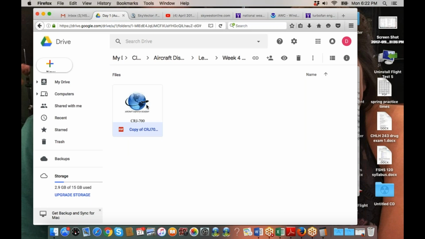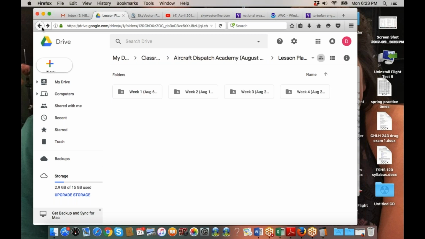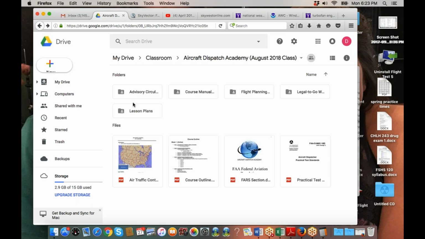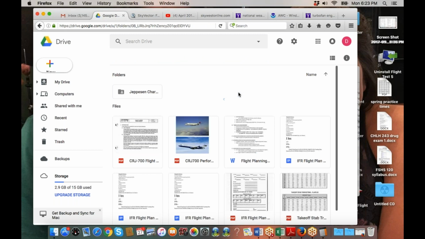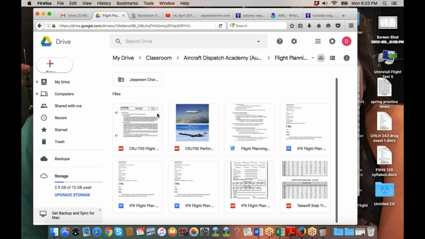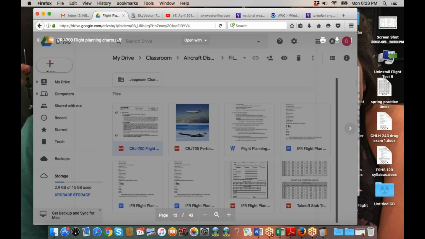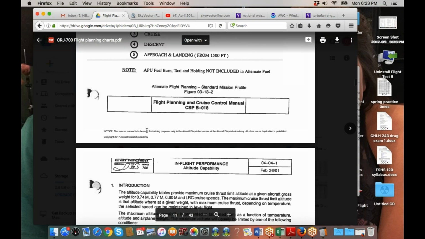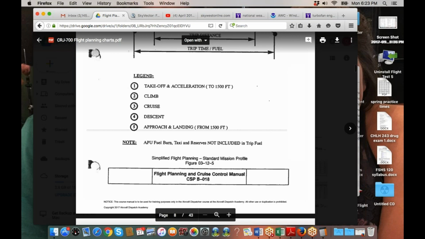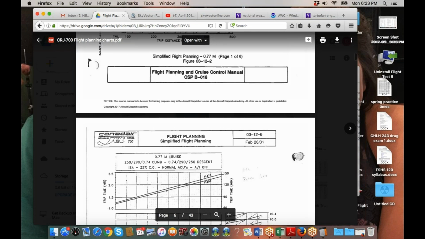Yes. Okay, so yeah, it's in there. Or if you go to the flight planning page and open that first one, the CRJ flight planning, these spaghetti charts are in here too.